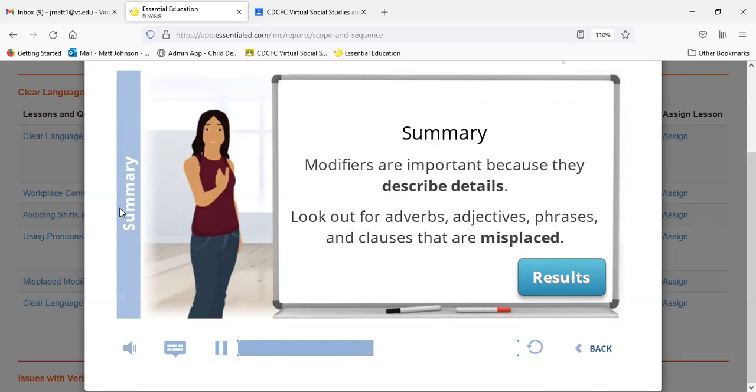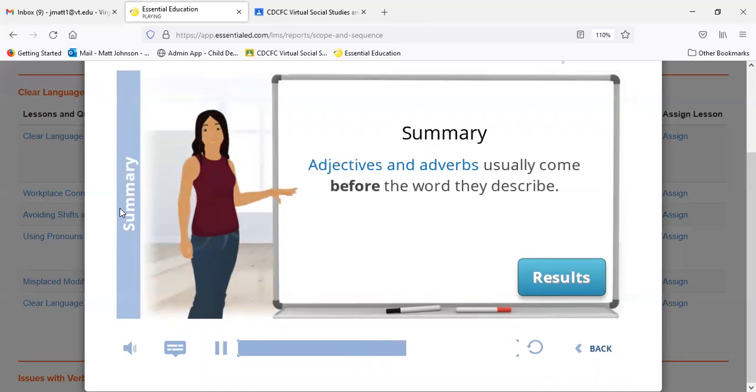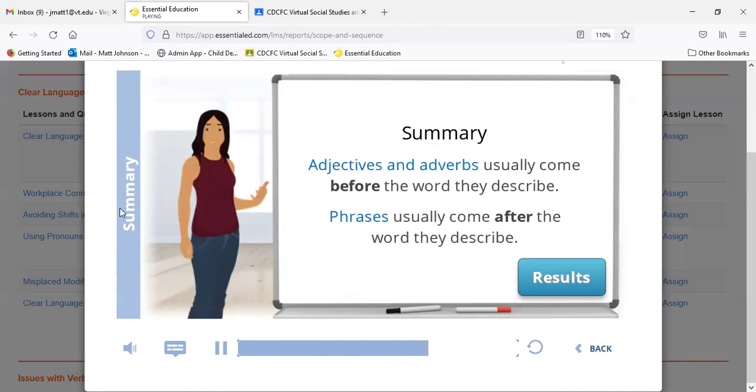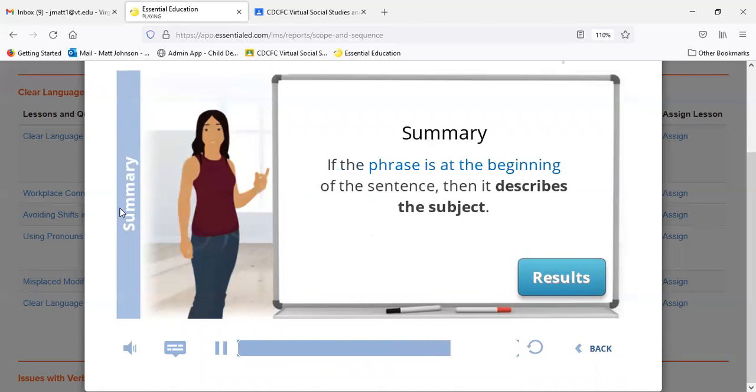Usually, you want to put a modifier right near the word it describes. Adjectives and adverbs usually come before the word they describe, and phrases usually come after the word they describe. If the phrase is at the beginning of the sentence, then it describes the subject. Think about what words a modifier could describe, and make sure there's no confusion in your writing. Quick results to see how you did on the questions.